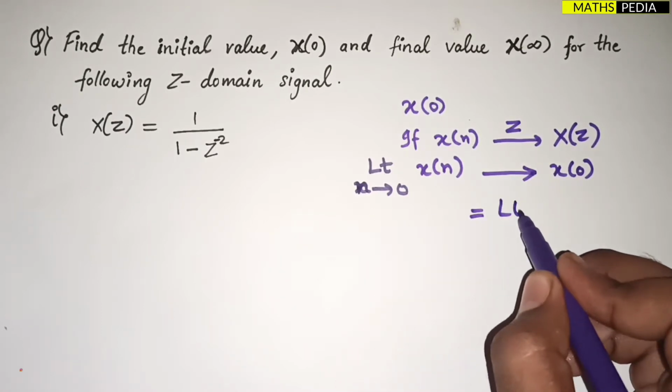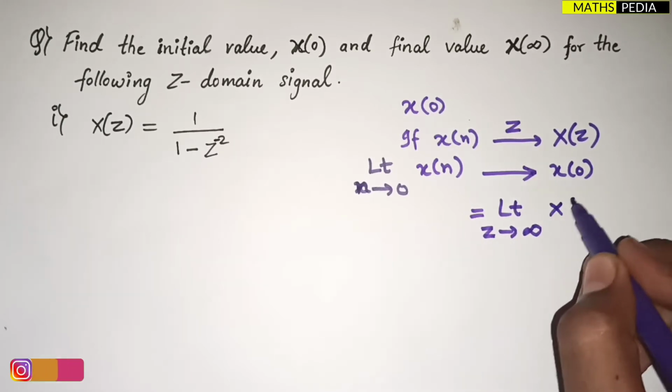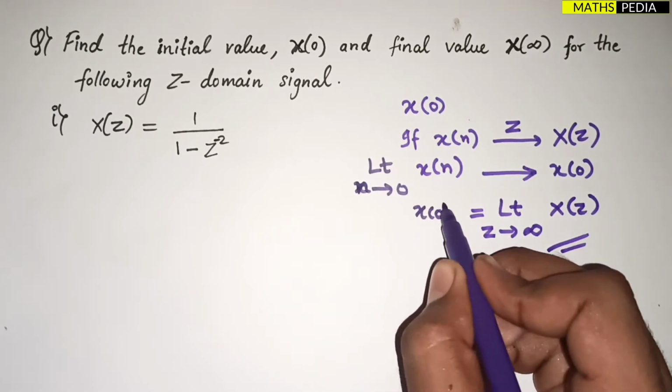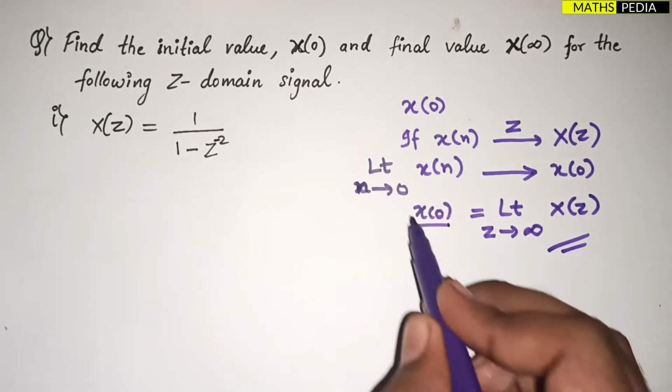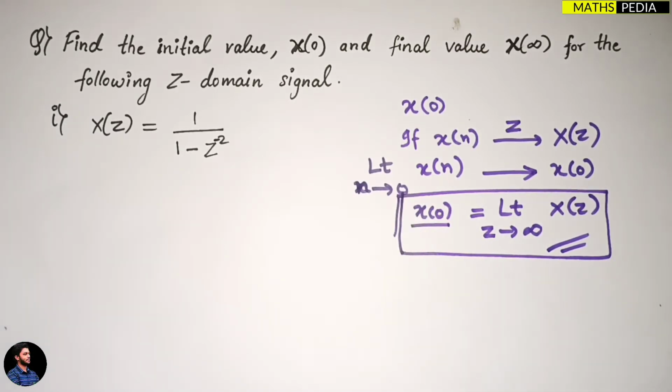So it will be limit z tends to infinity X of z. This is the initial value theorem. So x of 0 is nothing but the initial value, and this whole thing is the result of the initial value theorem.